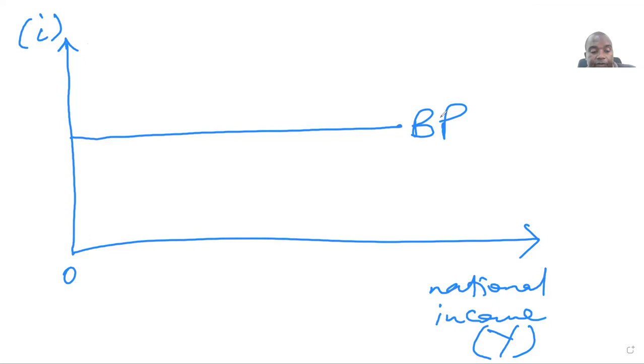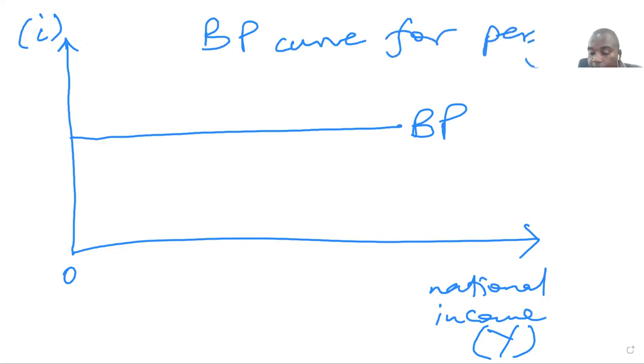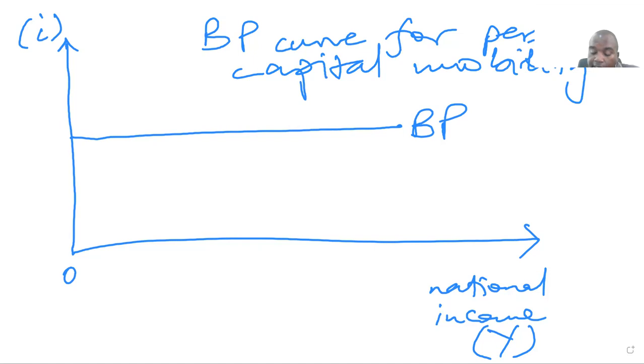This depicts perfect capital mobility. That's the BP curve for perfect capital mobility.